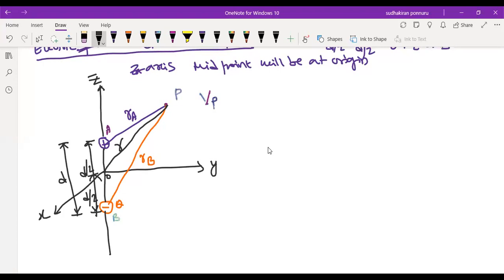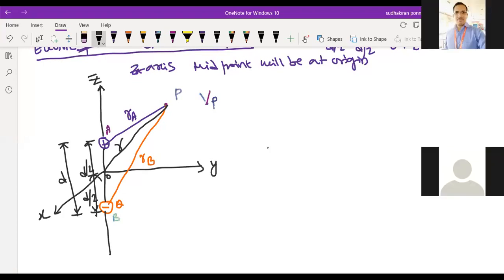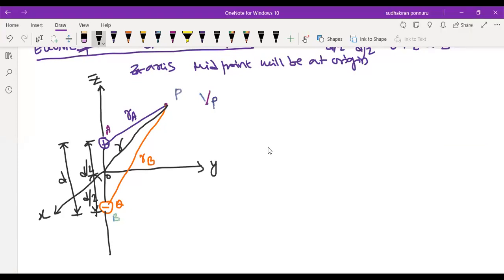So this is the required arrangement for finding the electric potential due to a dipole at the point P.